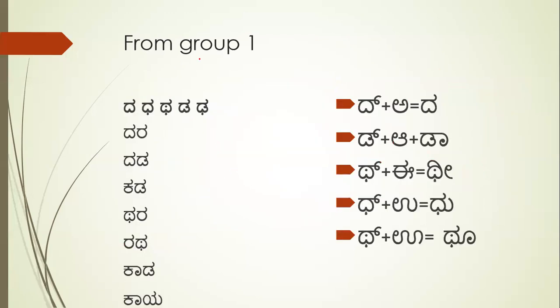Now, the next one from group 1, we have the, th, dh. I repeat, the, th, dh. And this group doesn't have any vowel in it. So as I told you, the and r, if I add, it becomes dara.